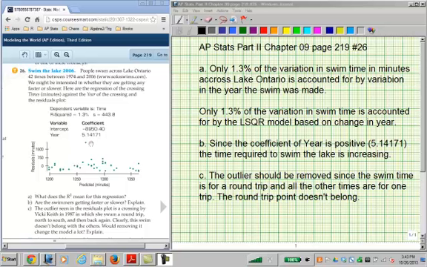Every time that we've analyzed residuals, we've used residuals versus the x values, and we'd hope for a random association of the residuals versus x values. Now this graph has residuals versus predicted, and the predicted values are the y-hats.